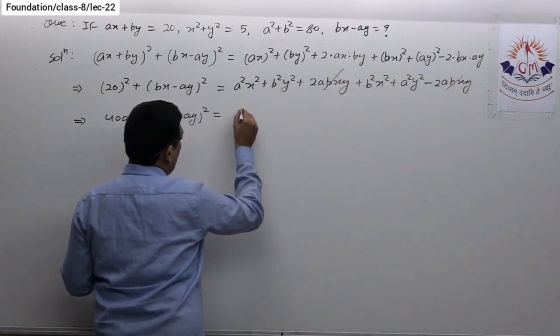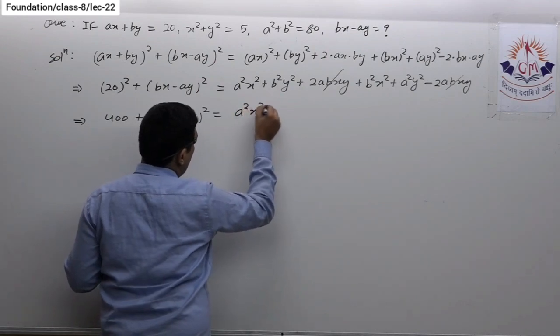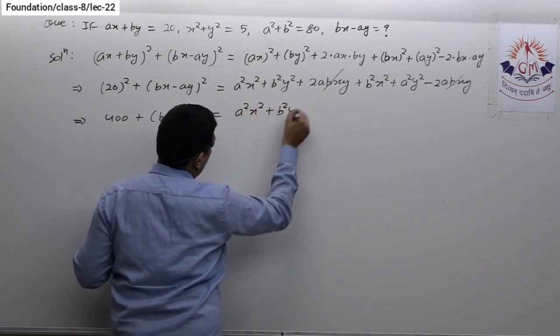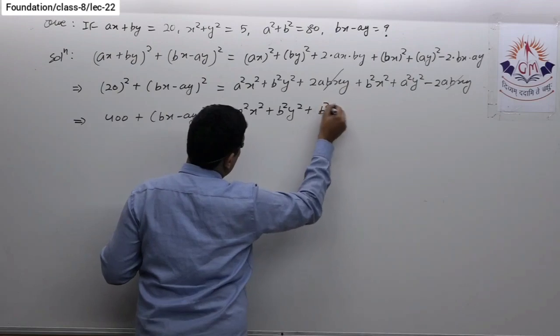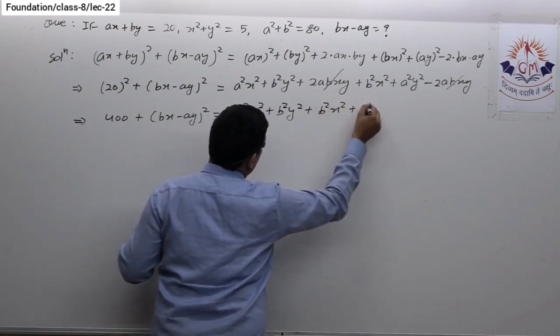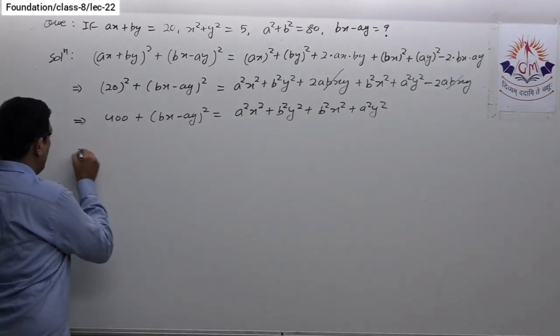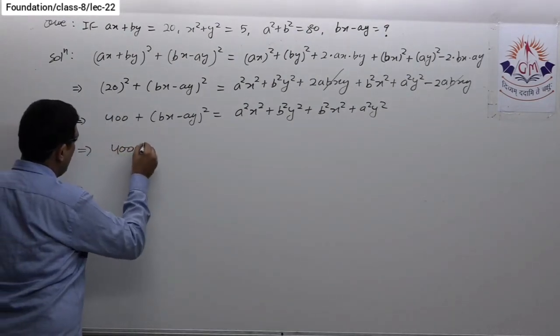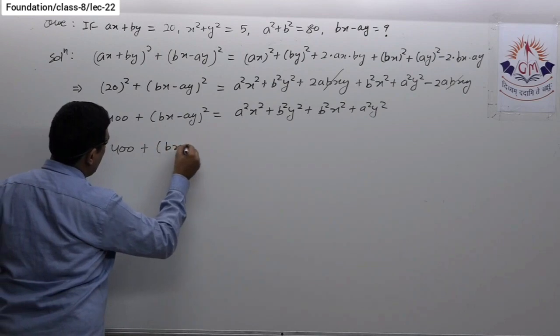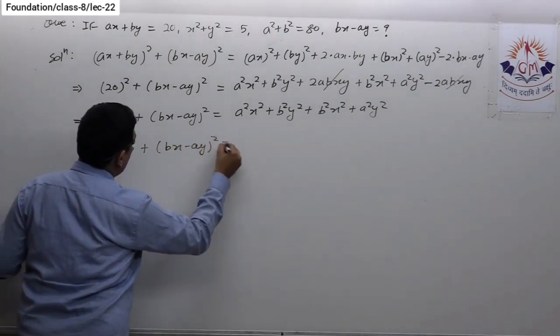Now over here I have a square x square plus b square y square plus b square x square plus a square y square. So on solving it further, this is 400 plus bx minus ay whole square is equal to.